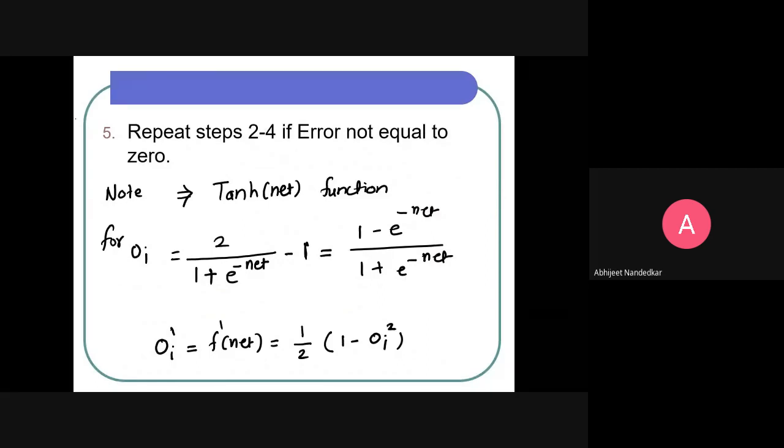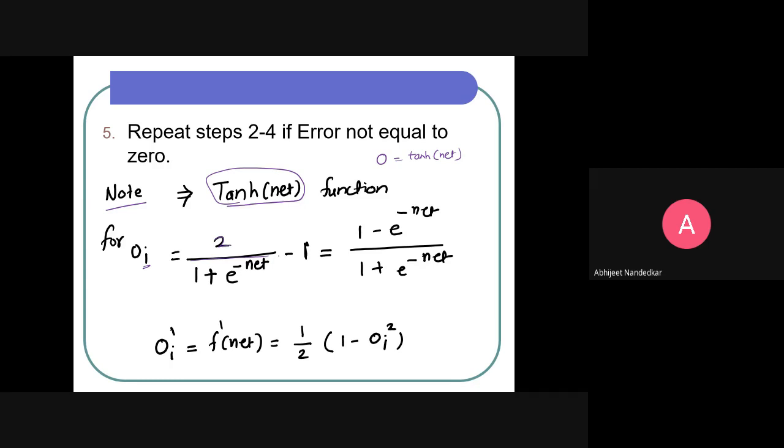I will take one example so that these things are more clear. Now the important thing you should note is when I go for the tanh activation function, that means output is equal to tan hyperbolic of net value. So we can write the output of the ith neuron as Oi equal to 2 divided by 1 plus e to the power minus net, minus 1.